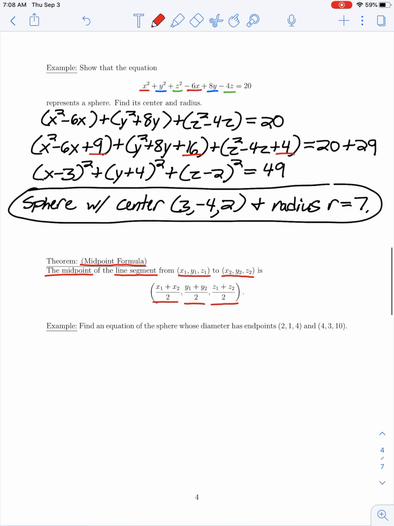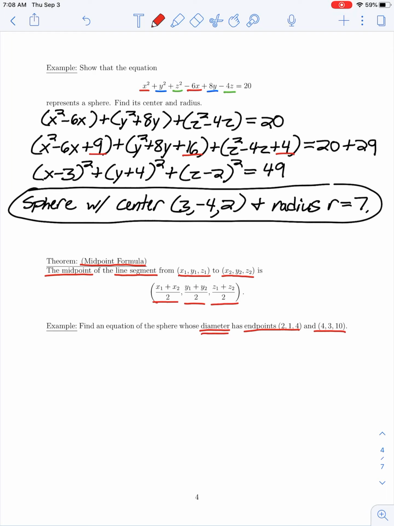So let's look at an example involving this midpoint formula. Here we're asked to find the equation of a sphere whose diameter has endpoints of 2, 1, 4 and 4, 3, 10. There are 2 things that we need to find for the equation of a sphere: the center of the sphere and the radius of the sphere.